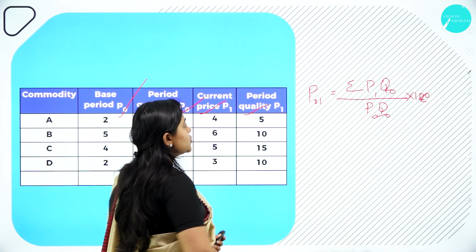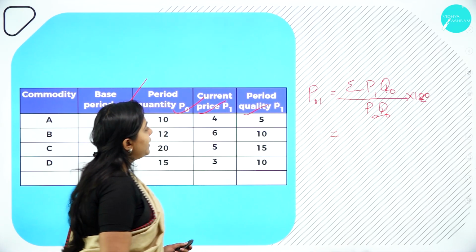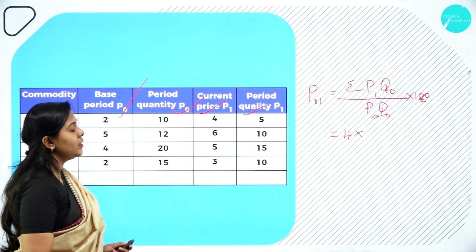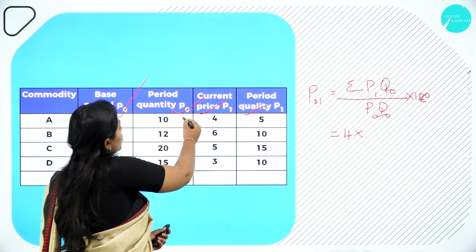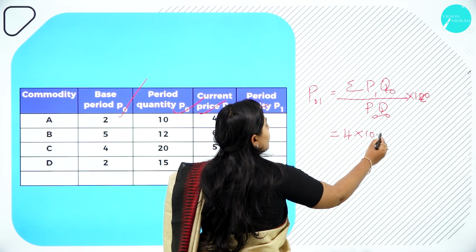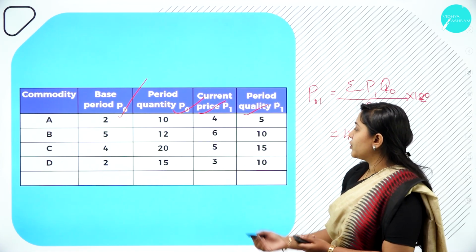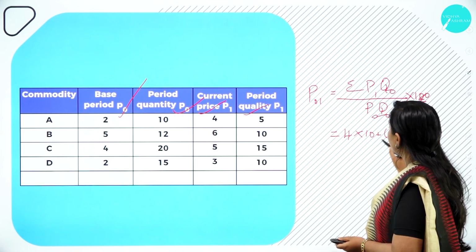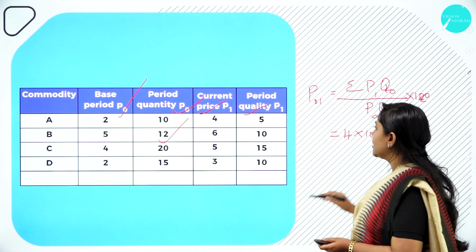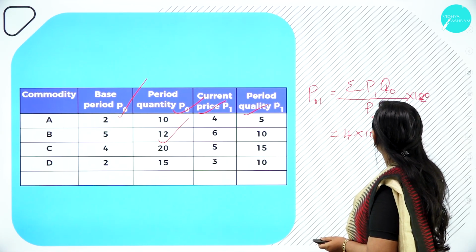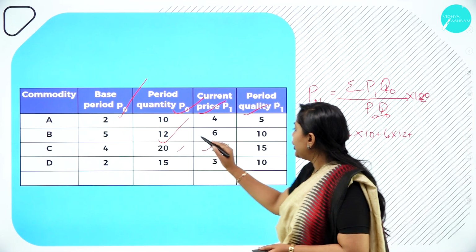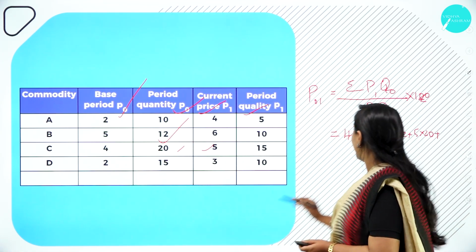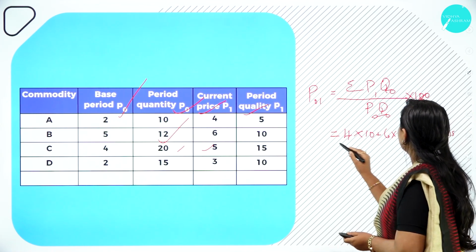So sigma P1 Q0: 4 into 10 plus 6 into 12 plus 5 into 20 plus 3 into 15.